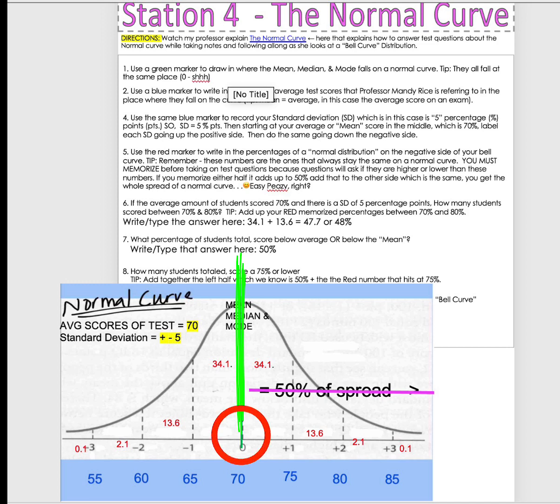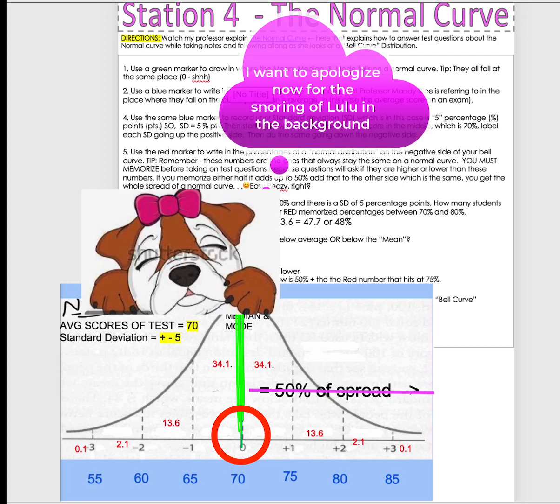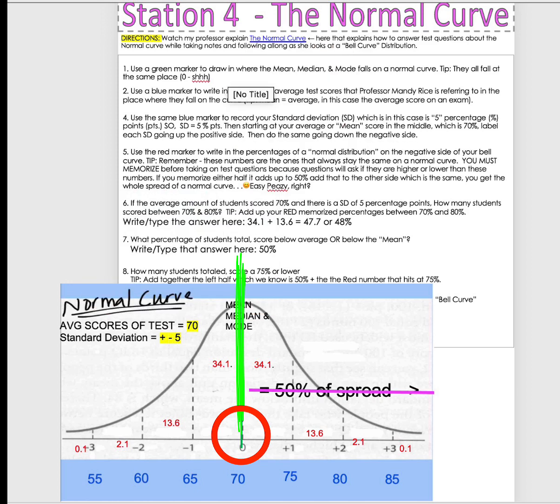I want you to remember that no matter what the scenario is, in this case it's test scores, it's always going to fall on the center at 0 on the normal curve. Always, no matter what the question is. With an average spread, an average curve, the mean, the median, and the mode fall in the center of the bell curve.